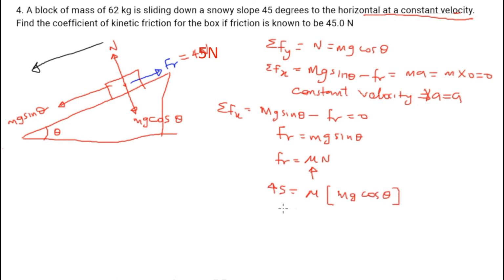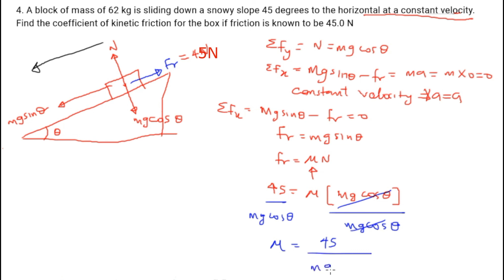Okay, so if I divide both sides by mg cos theta, upon division, mu is equal to 45 Newton upon mg cosine theta.